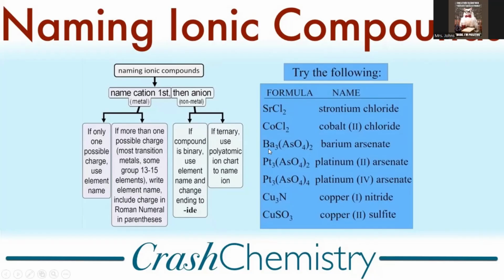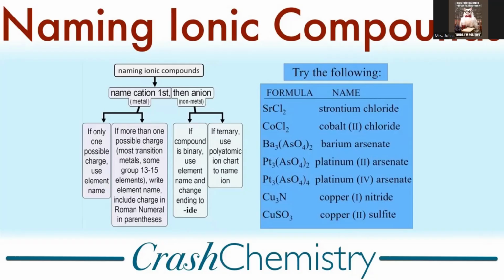So barium has a 2+, arsenate has a -3. If we double the -3, that gives us -6, and then if we triple the +2, that gives us +6. So +6 and -6 together makes a neutral unit. So that is the formula unit for barium arsenate.